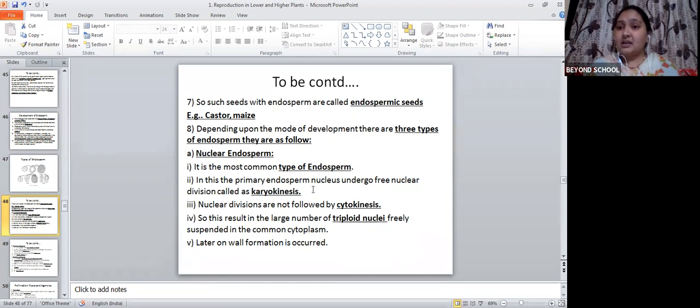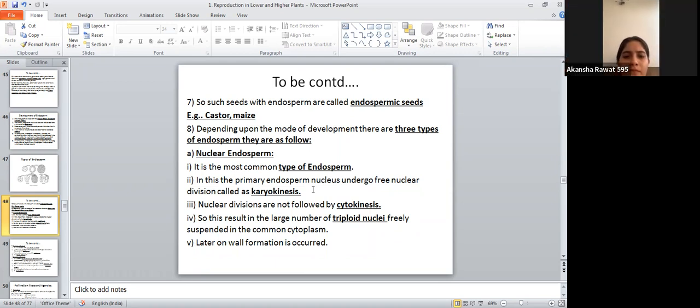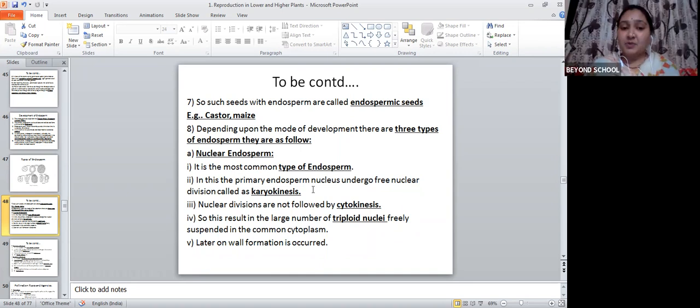As a result, in the nuclear endosperm, a large number of triploid nuclei are freely formed. Later on they are suspended, and they are commonly seen in the cytoplasm. Right?